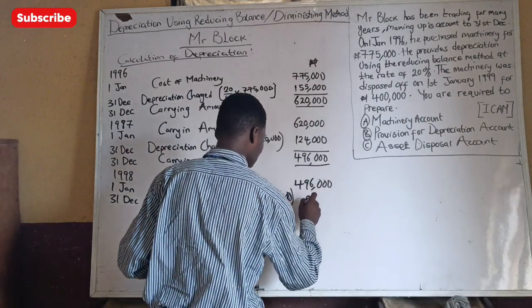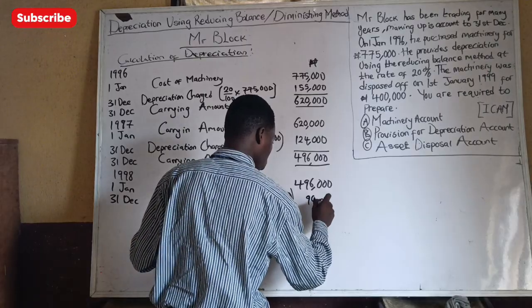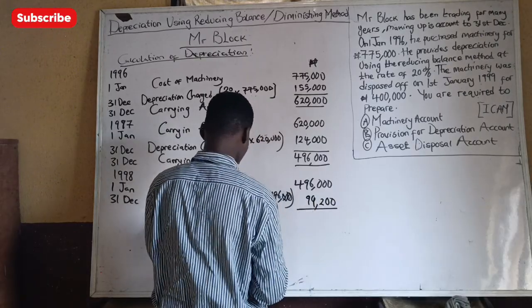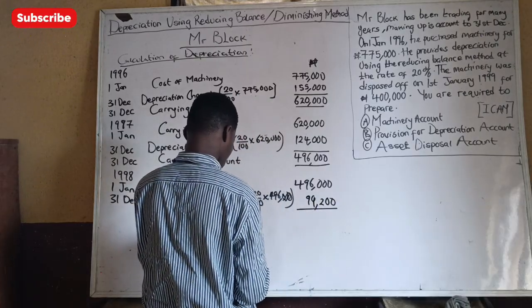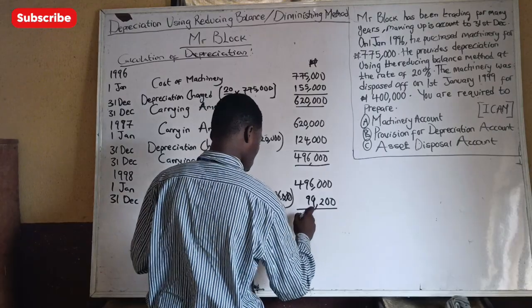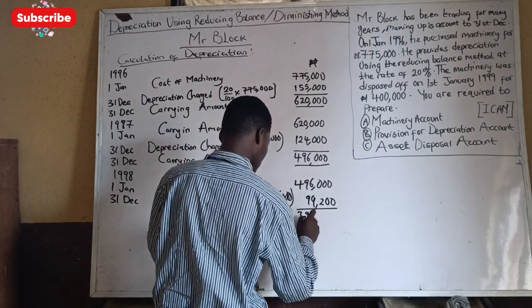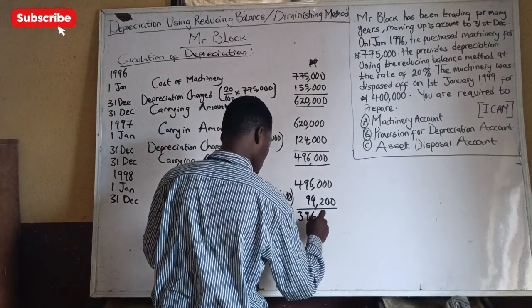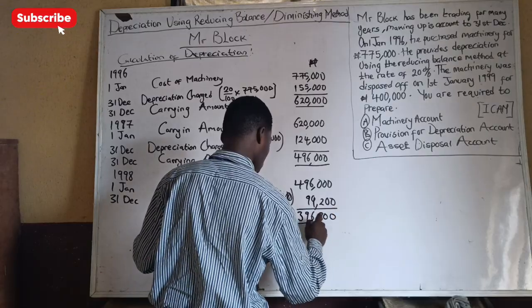So this gives 99,200. Let's subtract it. Then we have 396,800.